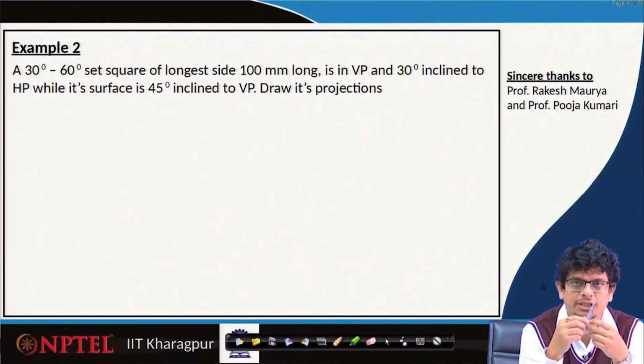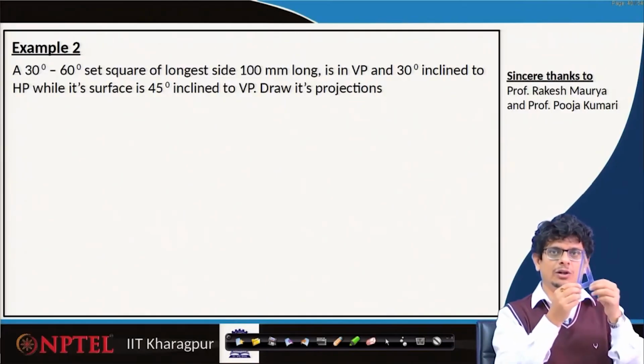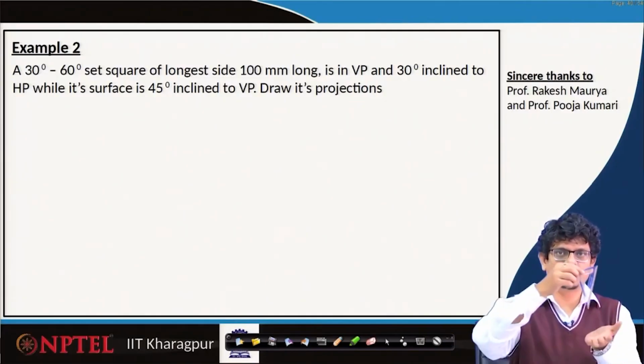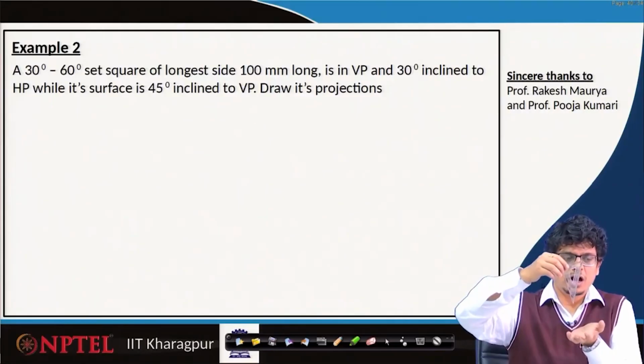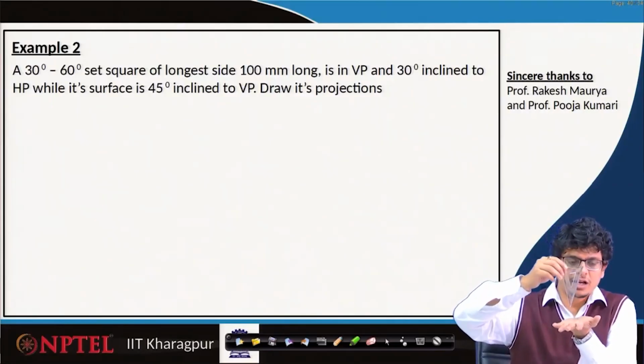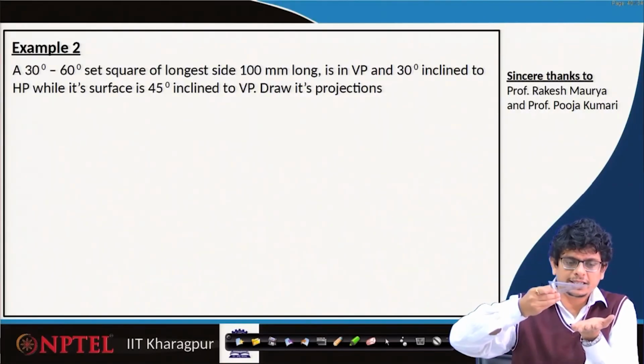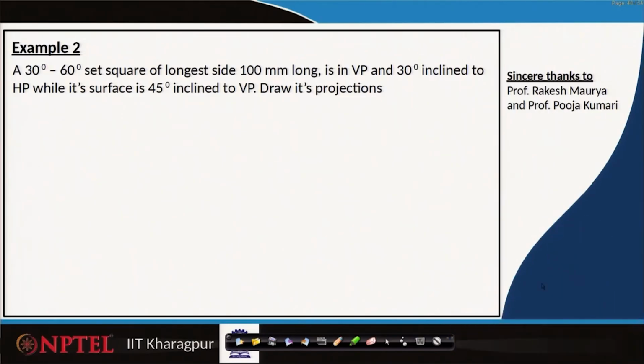Draw its projections. This is the longest set square we can have, and this longest side is in the vertical plane, in this way.